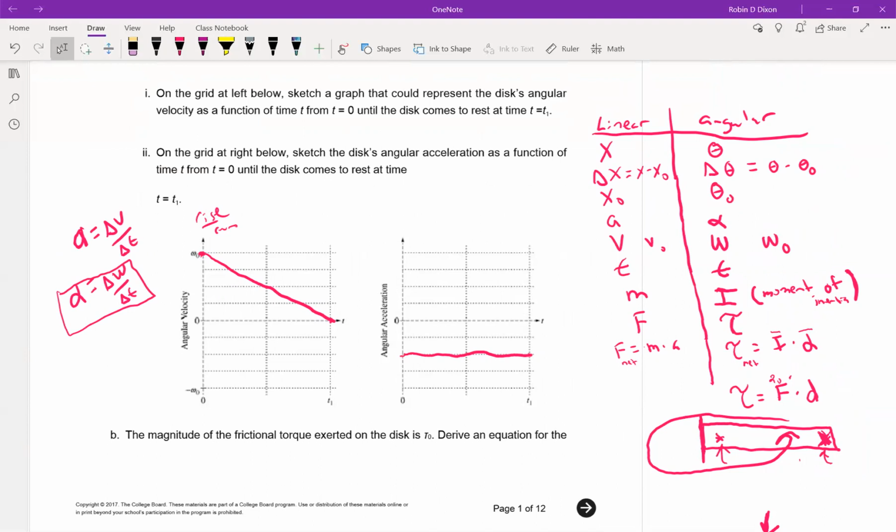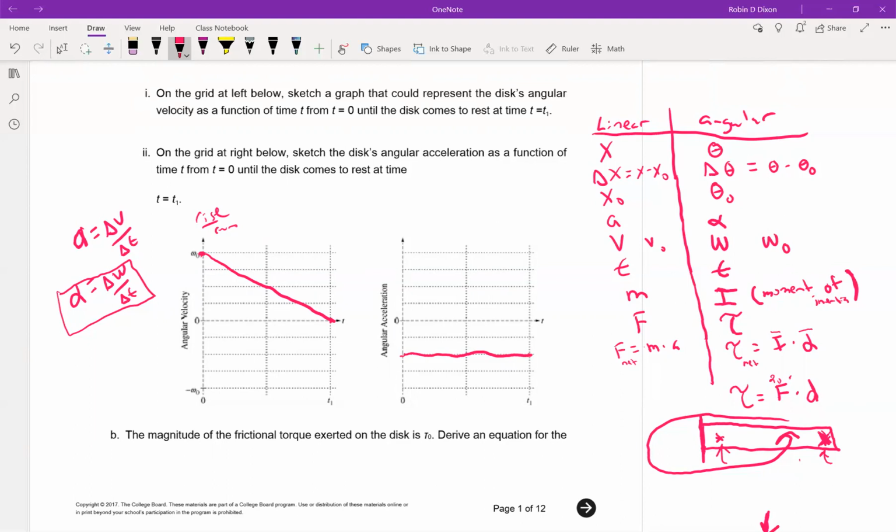If there is an angular acceleration, by definition, there must be a torque, for the same reason that if there is a net force, there is a net acceleration. If there's an acceleration, there has to be a net force. Likewise, if there is a net angular acceleration, there must be a net torque.